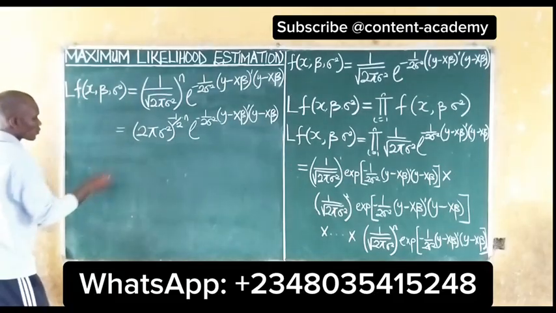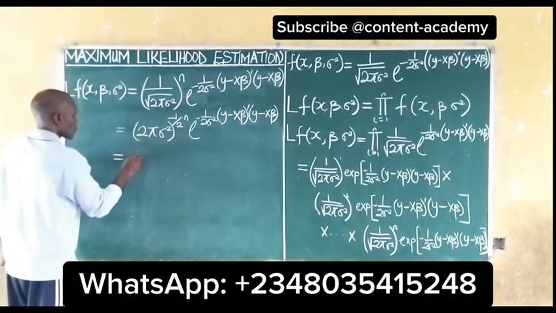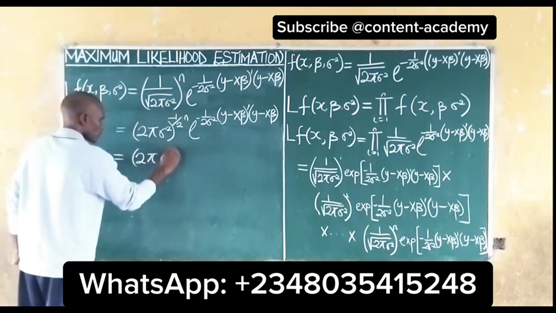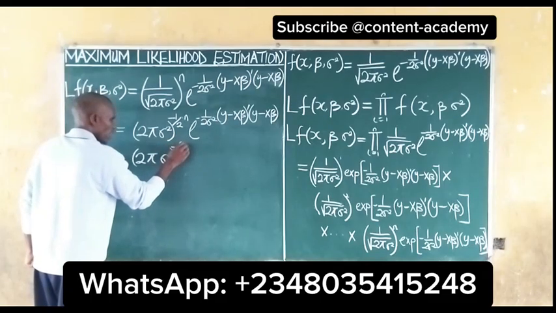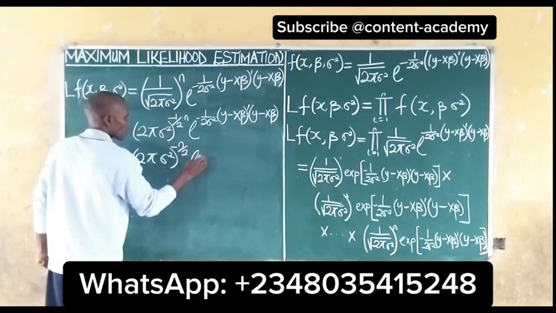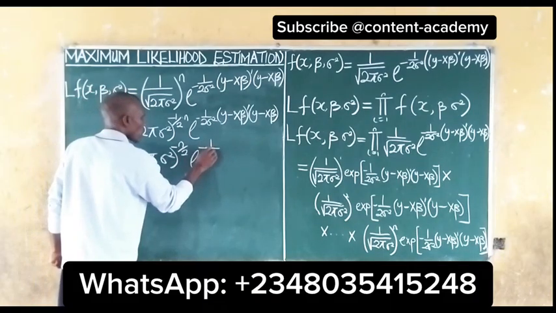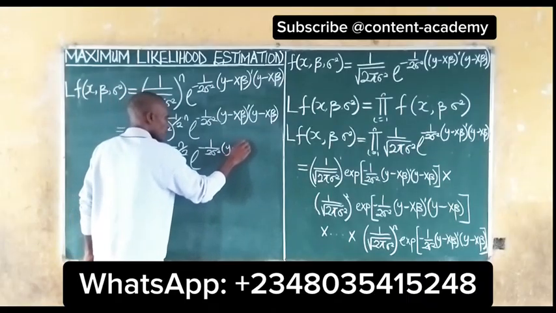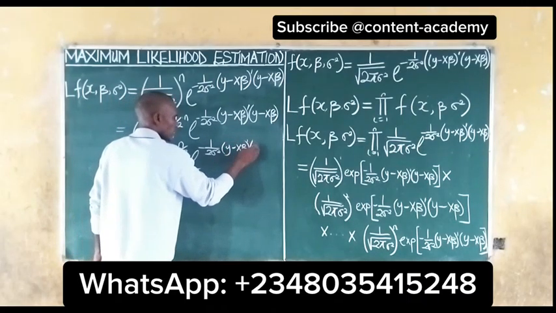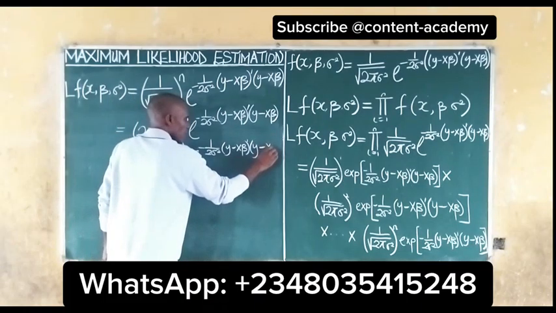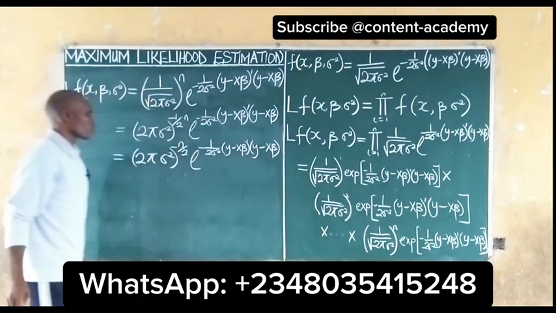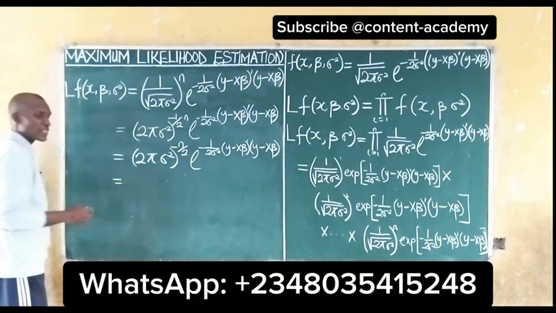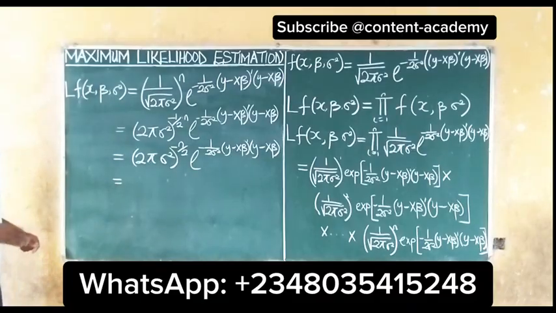So it's also equal to 2 pi sigma squared to the power of negative n all over 2, exponential negative 1 all over 2 sigma squared y minus x beta transpose and y minus x beta. So this is what we have. It then means that we can split this properly so that when taking the log, it will be very easy for us.